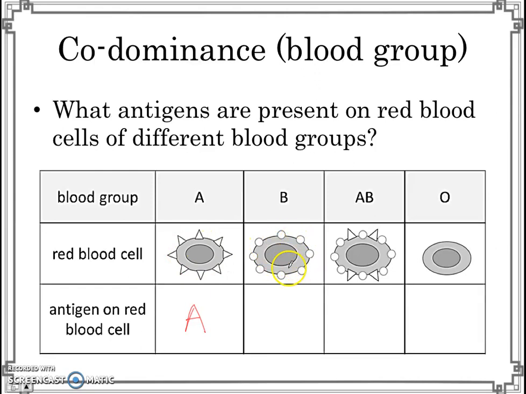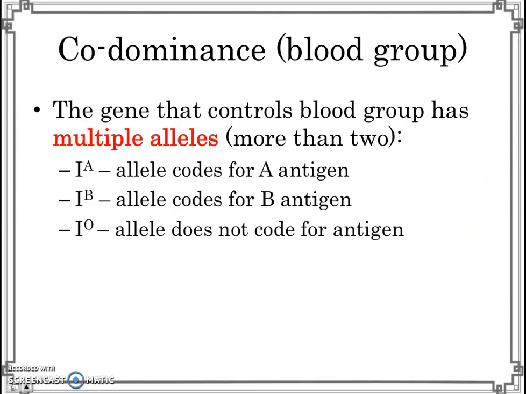For B blood group, the red blood cells have B antigens. And for AB blood group, the red blood cells have both A and B antigens. And for O blood group, the red blood cells do not have any antigen, do not have A or B antigens on their surface.